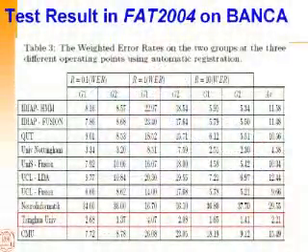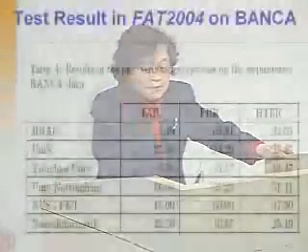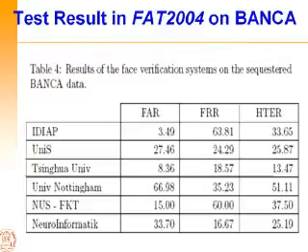So Tsinghua University's result is much better than other groups. In another test, Tsinghua University got 2.221%. This is the equal error rate. Others are much higher than Tsinghua.